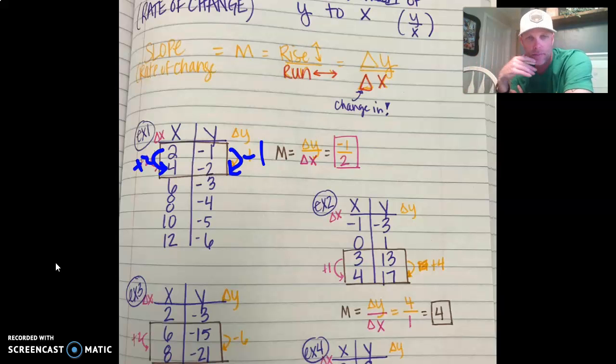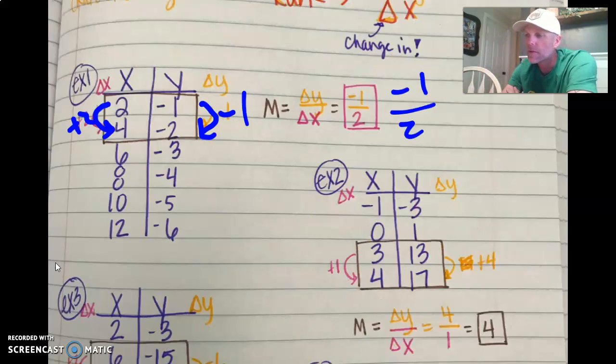Y is the rise, right? Think of y as the vertical line. So right here we have negative 1 is the y, 2 is the x. So that's just negative 1/2 is the slope.